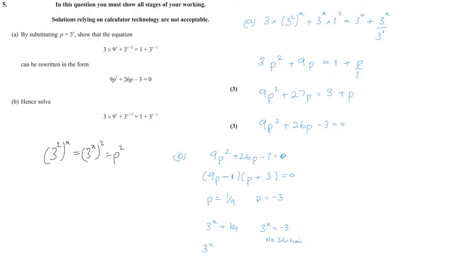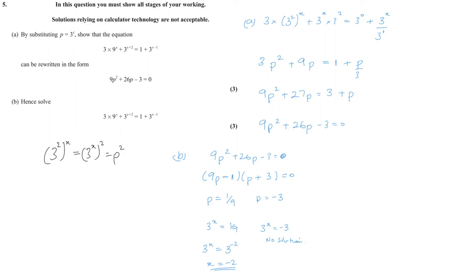This one, 3 to the power x, is, well, it's 9 is 3 squared. And then taking it from the bottom to the top will give you a negative power. So 3 to the minus 2, so x equals negative 2 there.